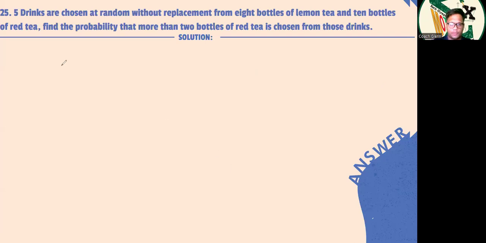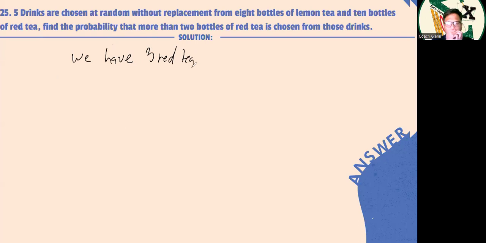Okay, so first, we need to get the negation. So more than 2. So the only negation is... we don't need the negation. So first, we have 3 red tea.